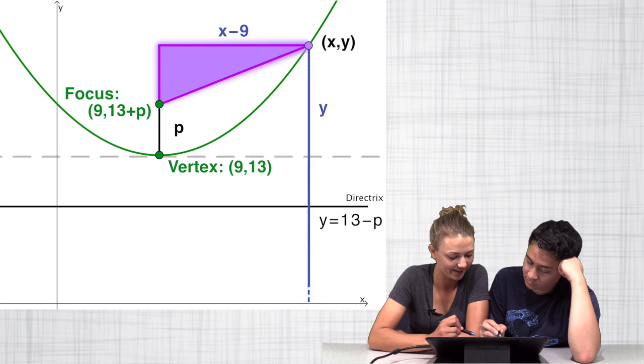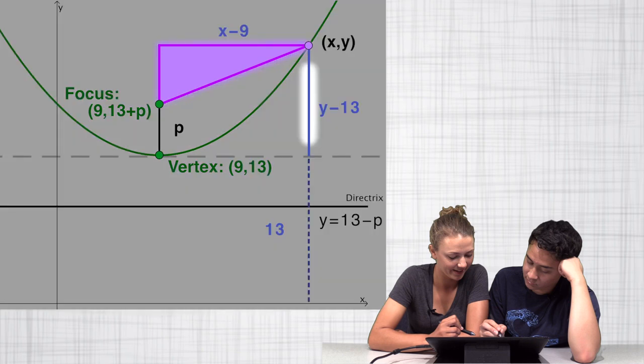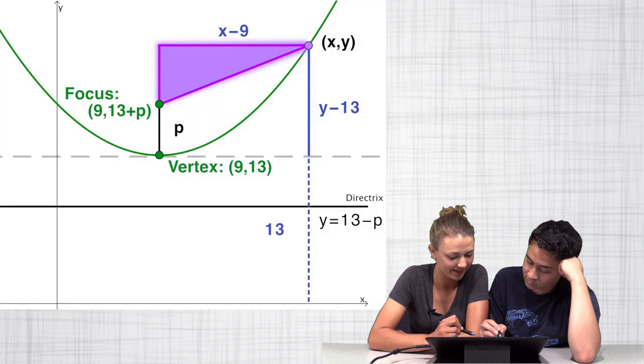Then they subtracted 13 units. This gave them a distance of y minus 13. But this distance is shorter than the distance from the general point to the directrix. To get to the directrix, they had to add p units back in. So the distance from the point x, y to the directrix is y minus 13 plus p.